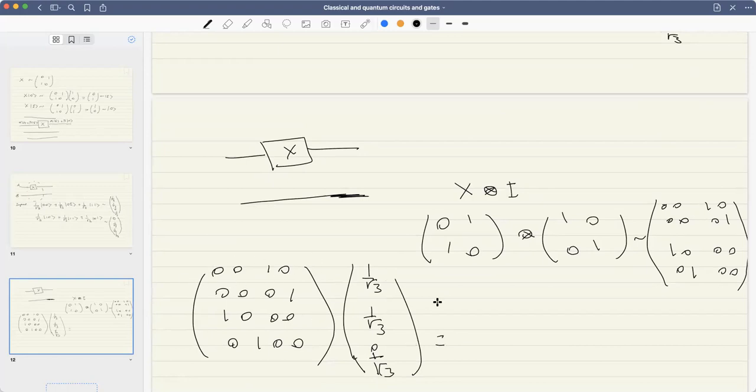The first row picks a 0, where it's a 1, that's 0. The second row picks this, and this also picks that. So it works.